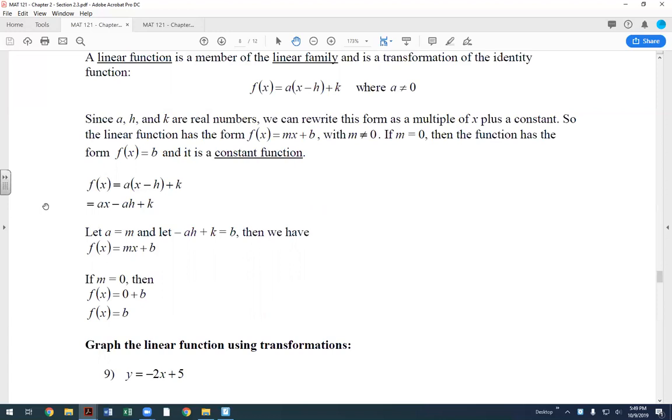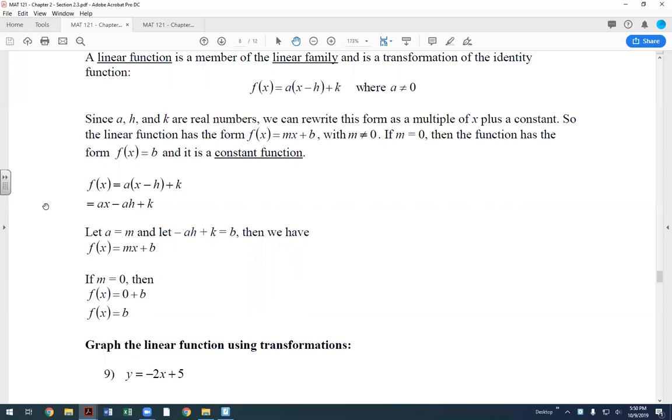So the idea is, if we start out by distributing that a inside the parentheses, you end up with a times x minus a times h, and then just bringing that plus k down. Now, x, of course, is my variable term, but the numbers a, h, and k are all going to be real numbers. So I can go ahead and combine these terms and simplify them, which will end up becoming our b value, the y-intercept.